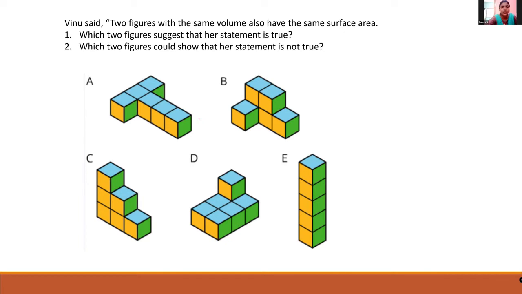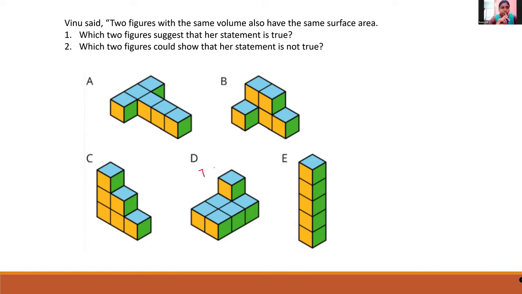Yes, ma'am. First, by counting the number of cubes, we can eliminate two options. Then we can compare the other three. Right, you are right, ma'am. So what could we eliminate here? I think we can eliminate D and E. Yes, because D has how many cubes?